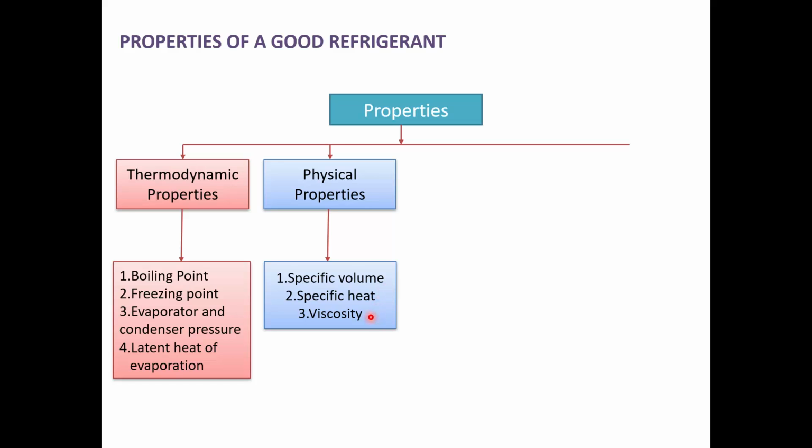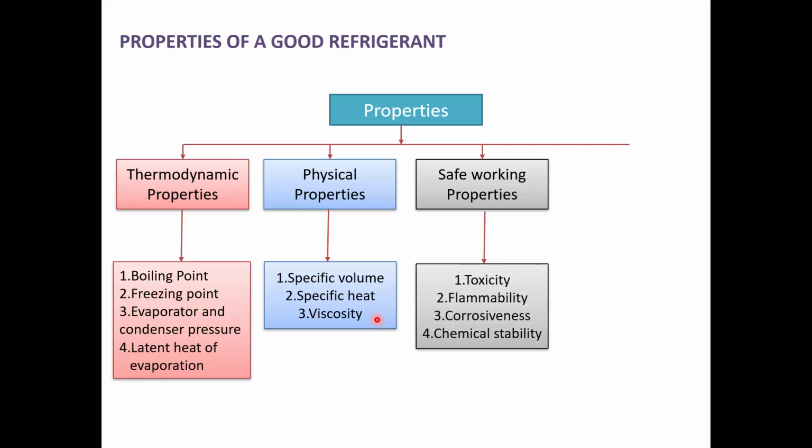Third one, viscosity. The viscosity of a refrigerant, both in liquid and vapor state, must be very low, since it improves the heat transfer and reduces the pumping pressure. Next, we will see safe working properties. Toxicity. A good refrigerant should be non-toxic because any leakage of a toxic refrigerant increases suffocation and poisons the atmosphere.